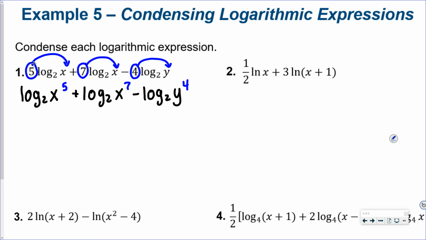Okay. Again, a lot of you could probably do the next thing in one step, but just for sake of showing it in your notes here. Here we can condense these to one log. And since I'm adding these, what would I do with the x to the 5th and the x to the 7th? Multiply them, yep.